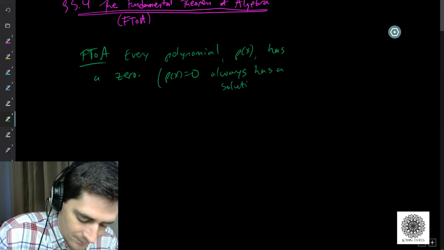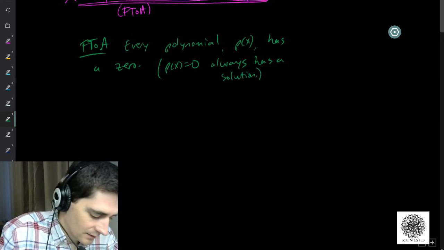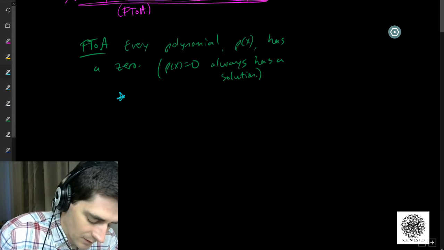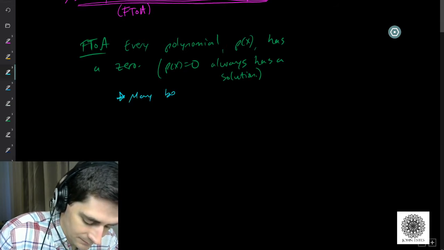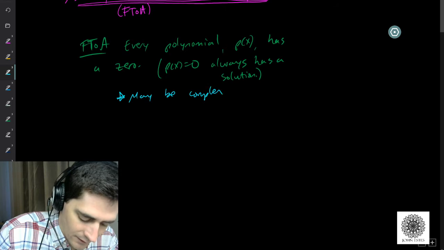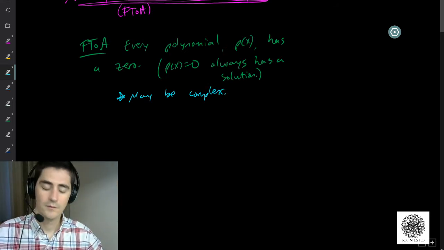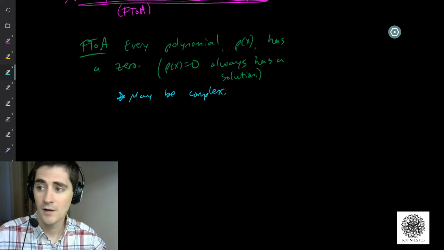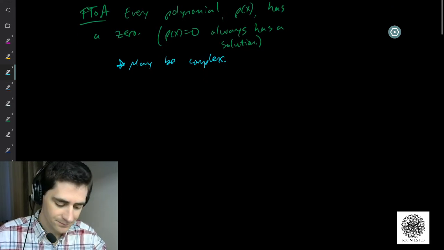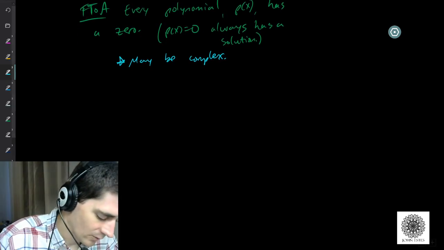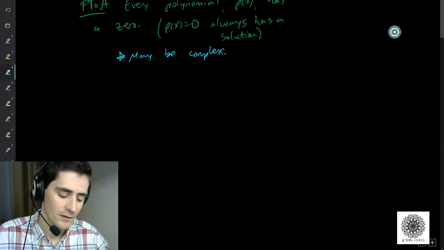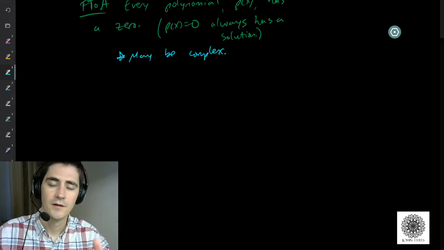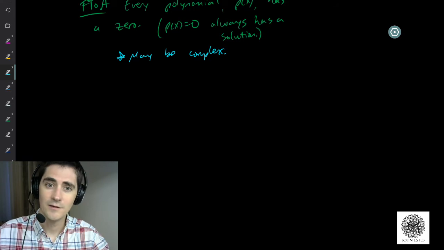Now, a few things here. They may not be real, so they may be complex. So it may not have a real zero, but it could have complex number zeros. We will have zeros. Now what that leads to then, remember once we find a zero, we can do synthetic division to divide and we get a new polynomial.